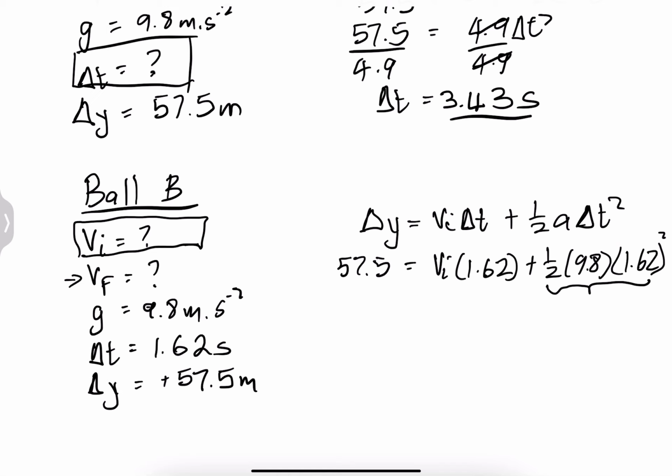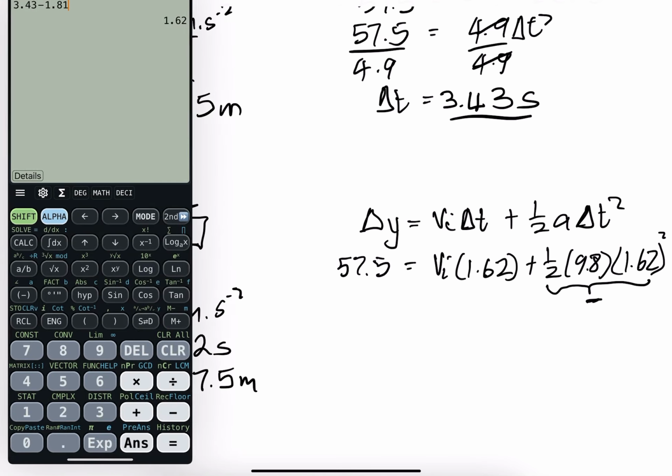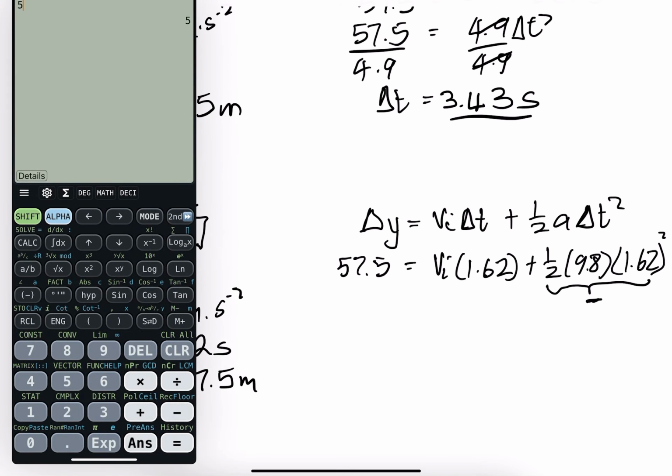So it's going to be 57.5, and I'm going to subtract that entire thing there. I'm also trying to show you, ladies and gents, that you need to be very efficient when it comes to the usage of your calculator. You don't get marks for dragging this thing out, right? So that's minus 0.5 times 9.8 times 1.62 squared. Okay, so I get 44.64.